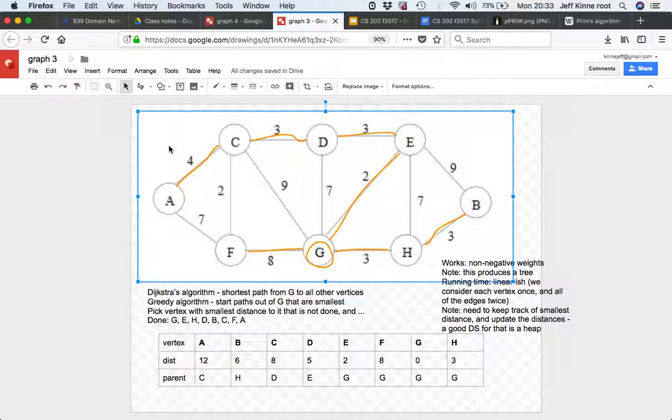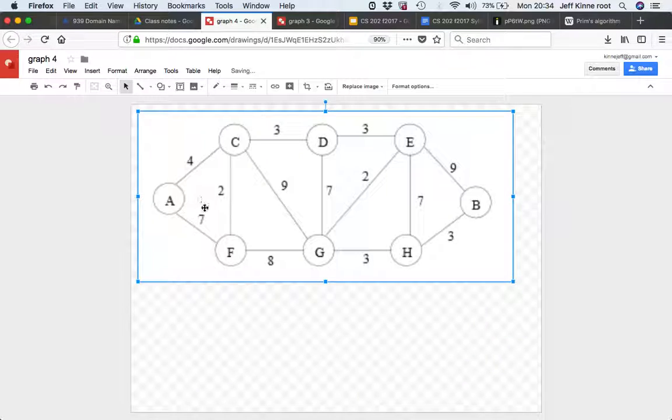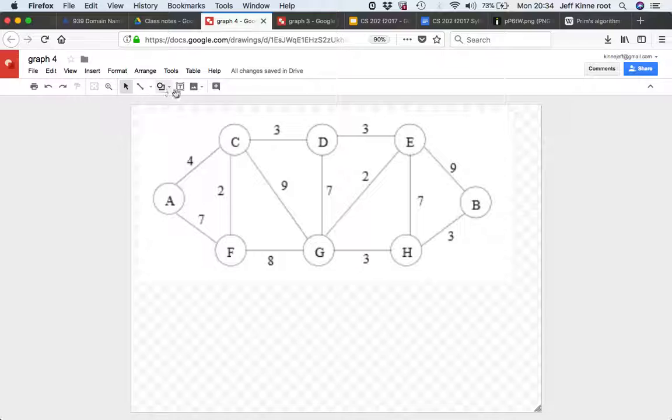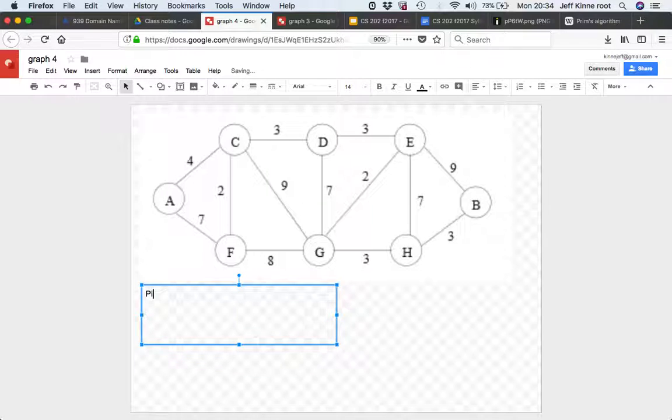If you want to pause on that, to think about that, go ahead. Otherwise, we're going to move and do minimum spanning tree. And we'll keep track of some things here. This is going to be Prim's algorithm for minimum spanning tree.